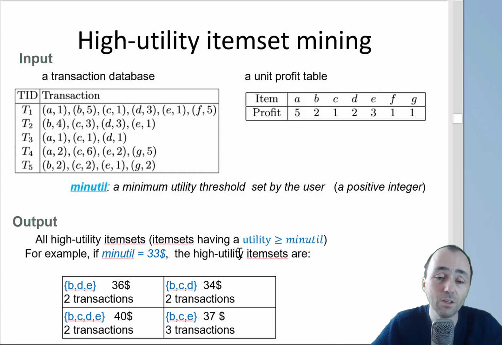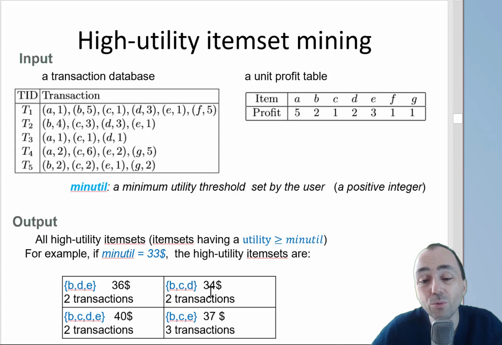So for example, if I set the minimum utility to $33, I will find the 4 itemsets you can see here. BDE has a utility of $36, BCD $34, BCDE $40, and so on. So this is the problem.